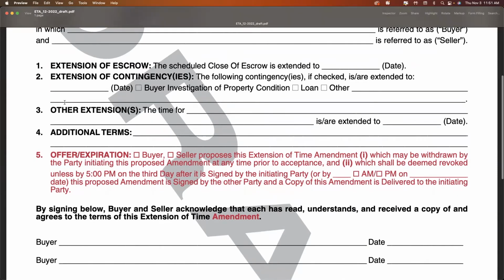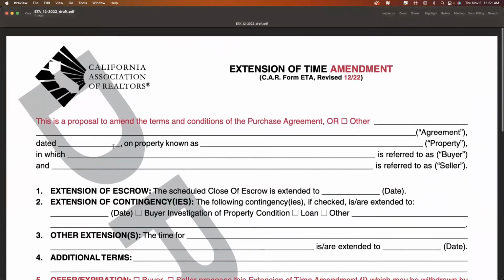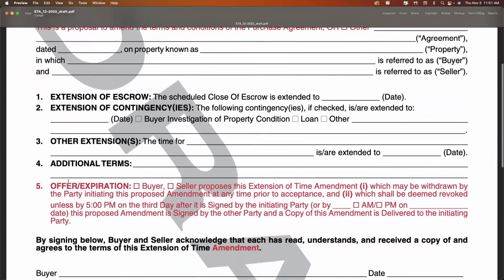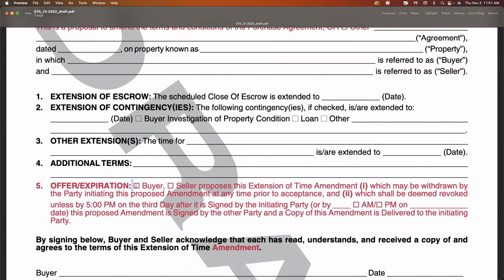I am the one who is proposing it, right? So I'm the buyer. I need more time. Then I'm going to check this box as buyer, because buyer is proposing this extension of time amendment, which may be withdrawn by me at any point prior to you accepting it, or it'll be deemed revoked if it gets past the third day at 5 p.m.